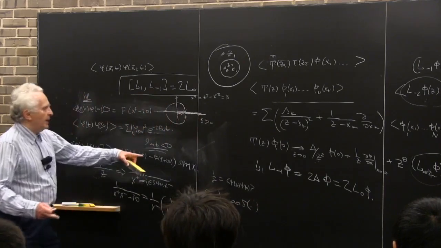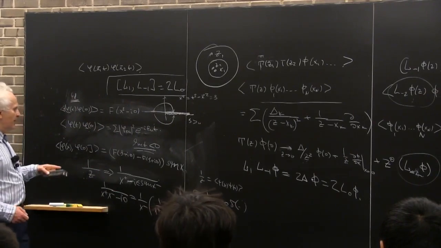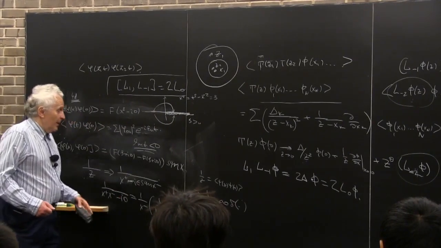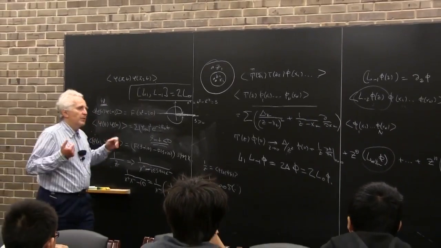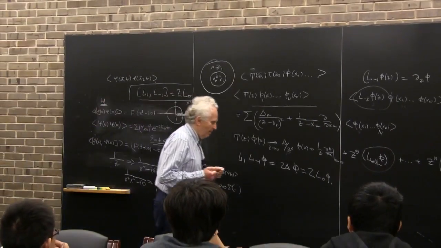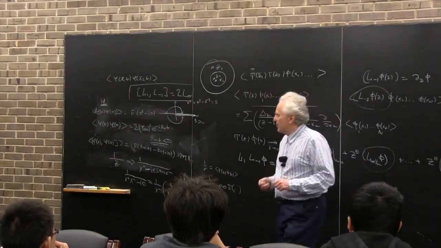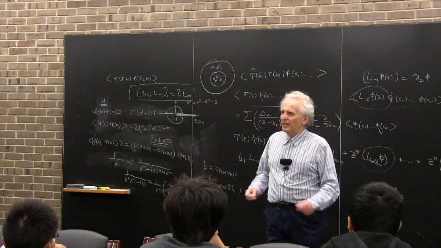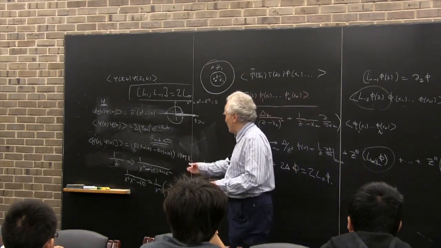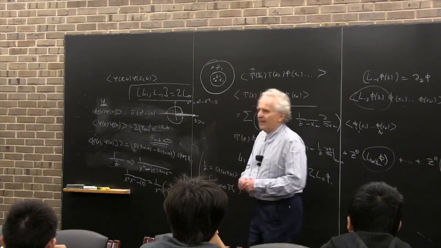The reason I'm returning to this is that by looking at this formula you can see the spin statistics theorem. So how would you extract the spin statistics theorem from the formulas which I wrote down here?